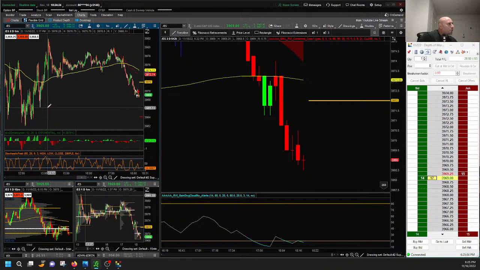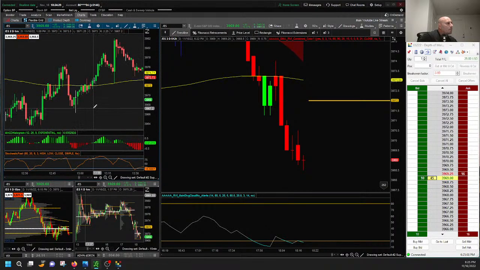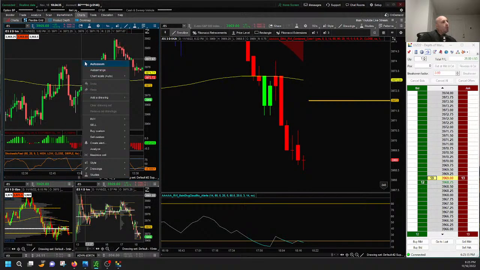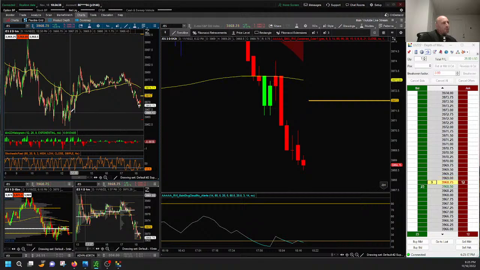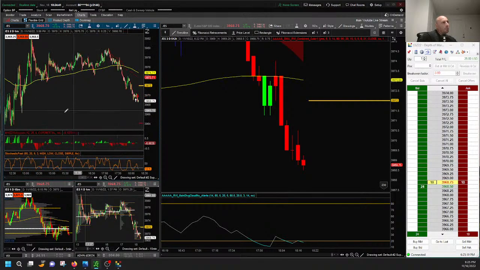So watch. Interesting. 66 and a quarter. I'm watching. Watch this low right here on the 1 minute if we keep falling. So 66 and a quarter.